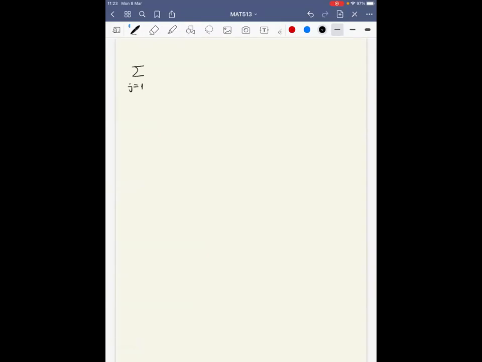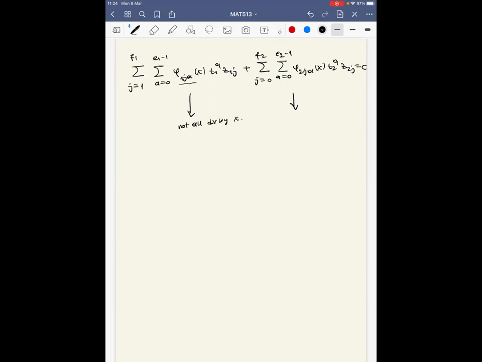Separating the cases i equal to 1 and i equal to 2, for each summand we may consider that not all coefficients are divisible by x. So we may separate the two cases.